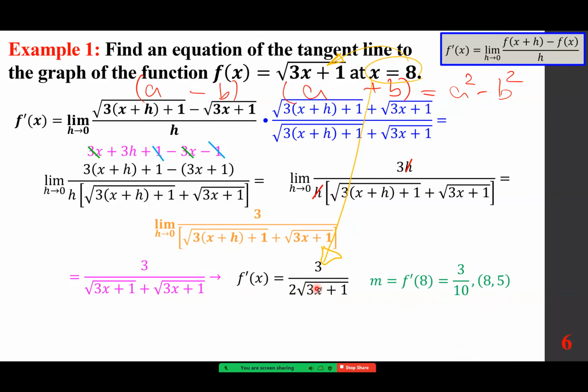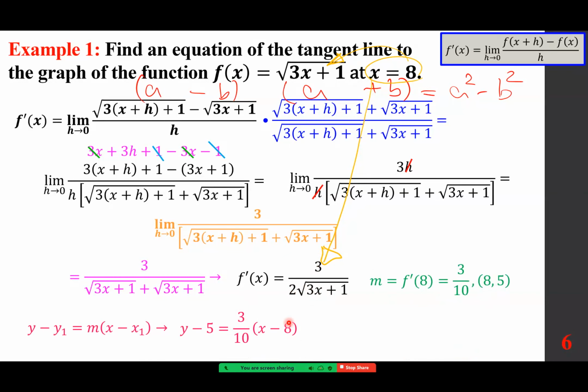As I said, you don't have to memorize the equation of a tangent line. Rather, y minus y1 is m times x minus x sub 1. So y minus 5 equals m, 3 over 10, times x minus x sub 1, which is 8. And it's elementary algebra. Just distribute. You get 3 over 10 times x.